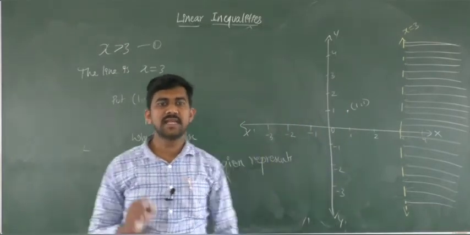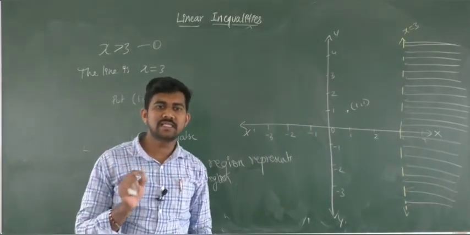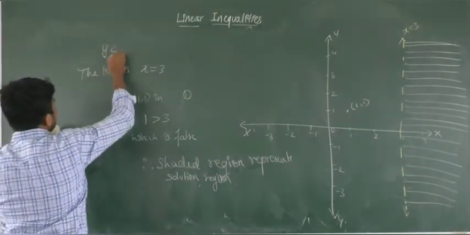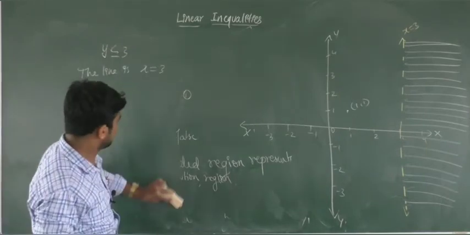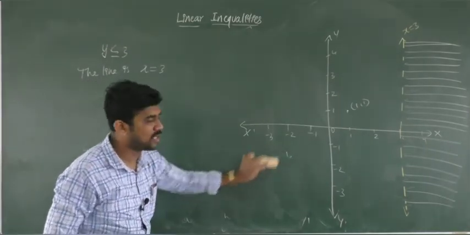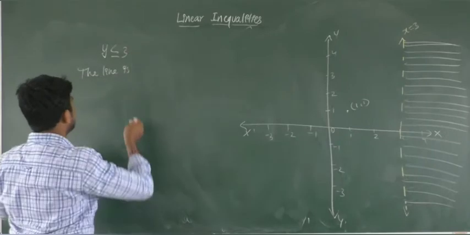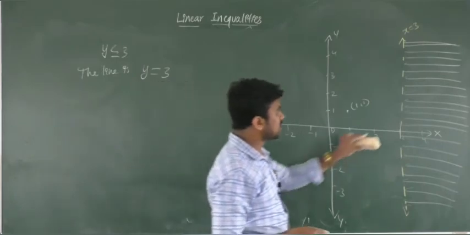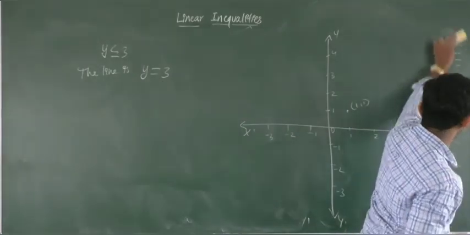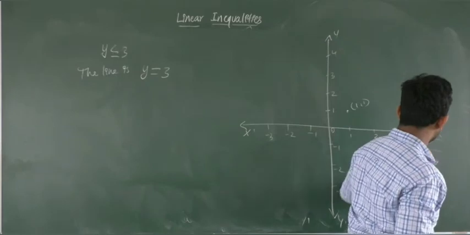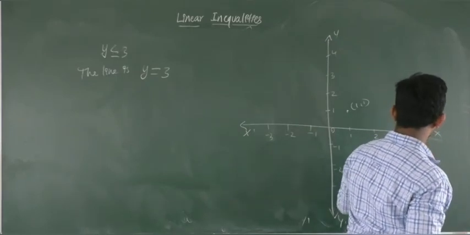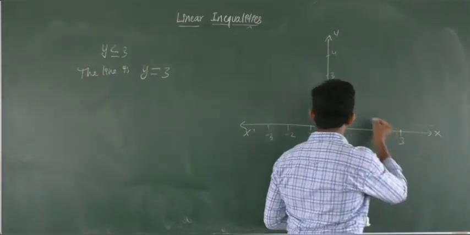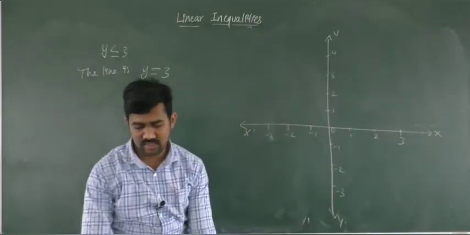Similarly, next we have the question y less than or equal to 3. In this case, similar to the previous question, first you write the equation y is equal to 3. y is equal to 3 means it is a horizontal line that passes through the point 3 on the y-axis.